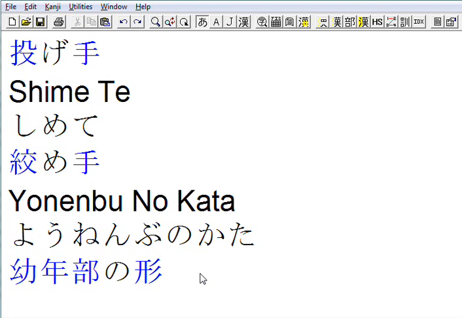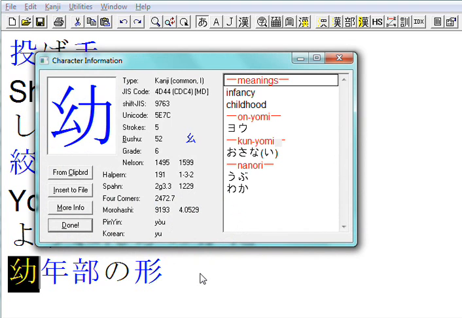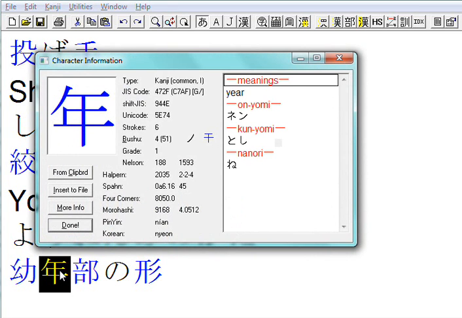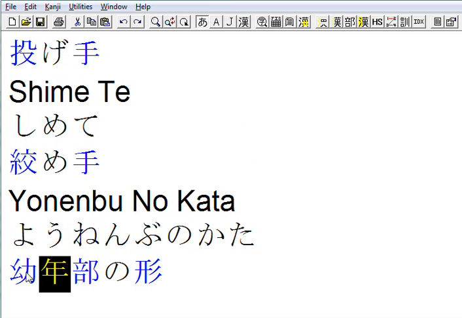So what does yo mean in this case? When we look at the meaning of that, it means infancy or childhood. So when we use it with the word here, which means year, nen means year, you might say, well, gee, that must mean like childhood years.